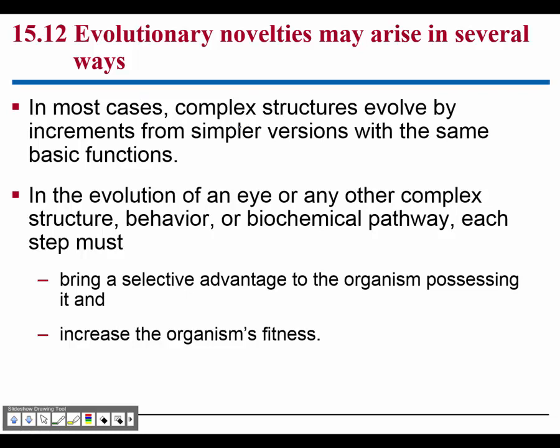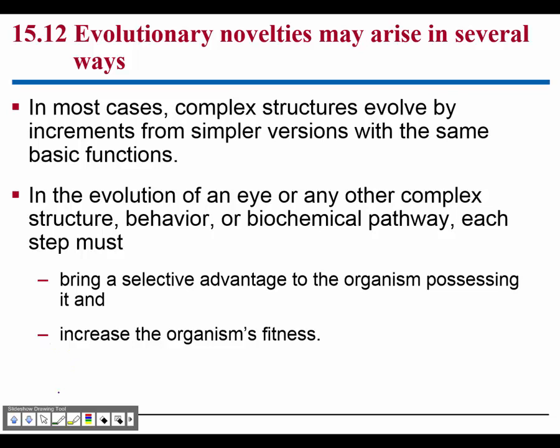So in most cases, complex structures evolve by increments from simpler versions with the same basic functions. In the evolution of an eye or other complex structure, behavior, or biochemical pathway, each step must bring a selective advantage to the organism, and it must increase the organism's fitness.